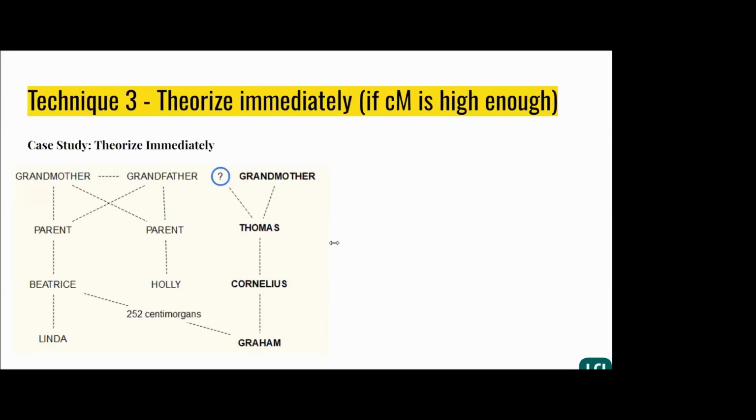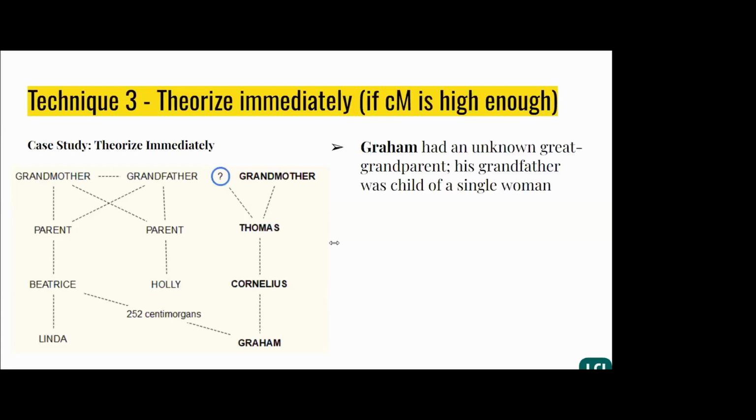What allowed us to theorize immediately in this case was the fact that Graham had a 252 centimorgan match to Beatrice over on the left. He also had a fair-sized match to Holly, who was Beatrice's first cousin. In this case, Beatrice was on Ancestry, Holly was on MyHeritage, and Graham found them both because he had uploaded his ancestry to all possible sites.